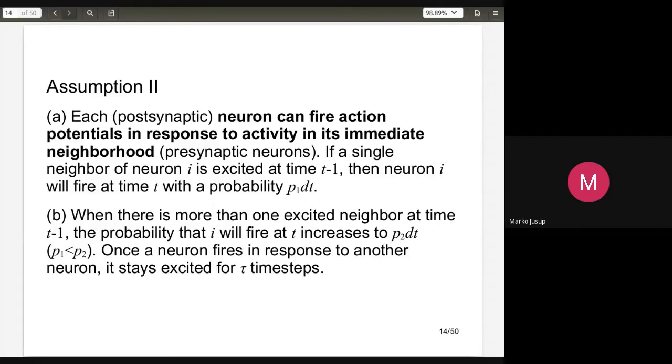So basically, activity of a node is determined by its own internal probability to activate and by what neighbors are doing. If there are more active neighbors, then the node itself is more likely to become active.